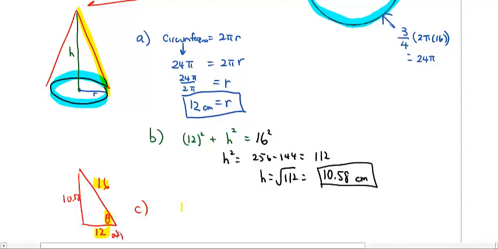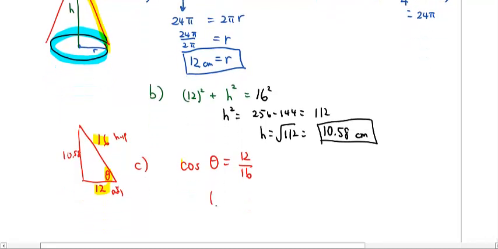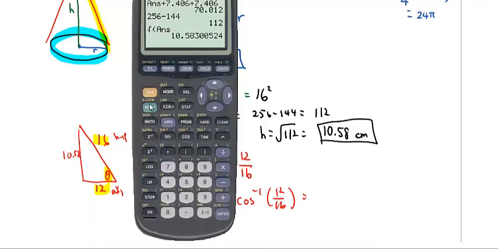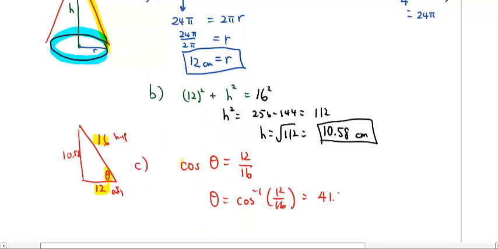Here's my adjacent and hypotenuse side. You got it. Cosine. You got it. You can do it. Your calculator can do it. Wow, 41.4 degrees.